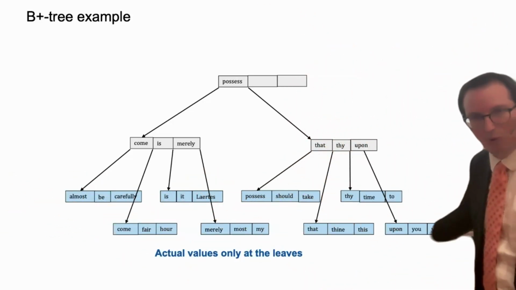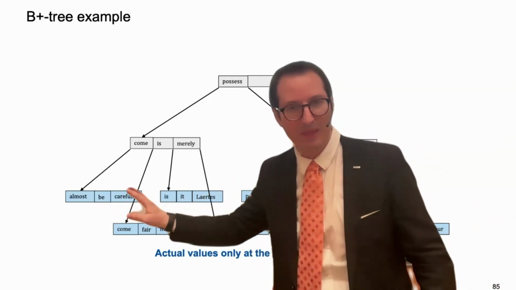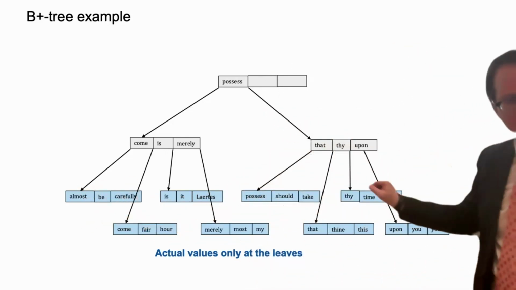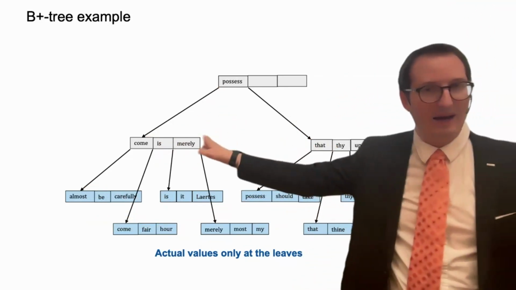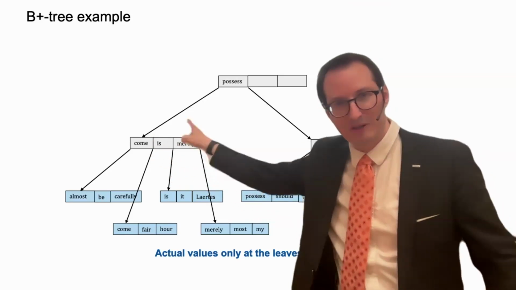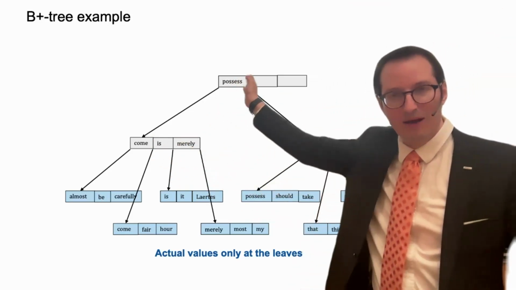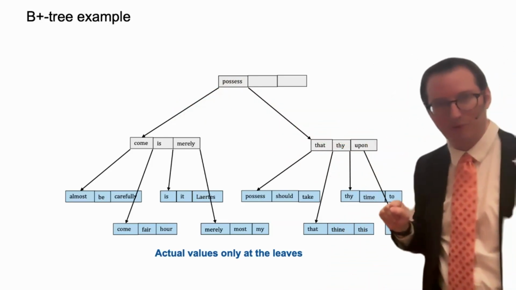These are, for example, all the possible values that we found for the field we want to index on the leaves. And these values here are only for the lookup. These are like signposts that tell you go left or go right, right? This is the only use of this value in here. This one tells you everything on the left comes before "possess", everything on the right comes after "possess", and so on.